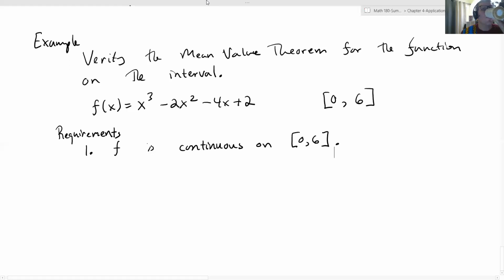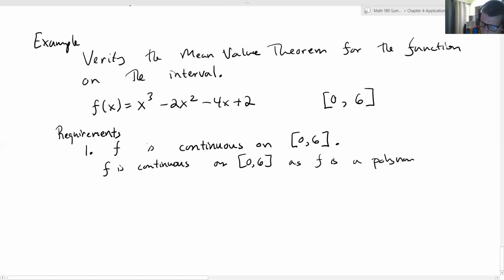Yes, it is. F is continuous on 0 to 6, as f is a polynomial, and so it is continuous everywhere. We need to actually make that statement.